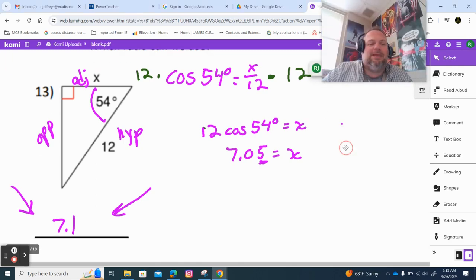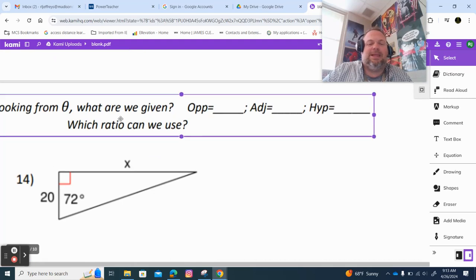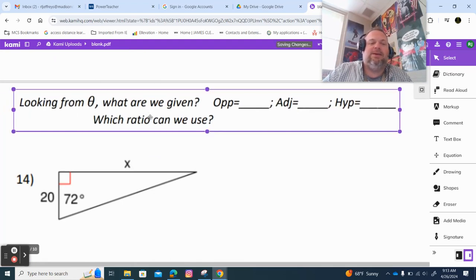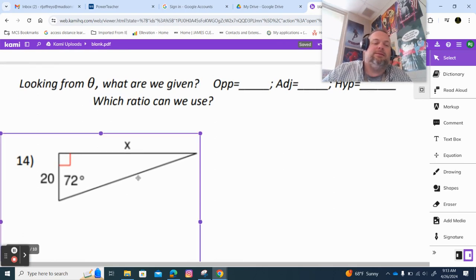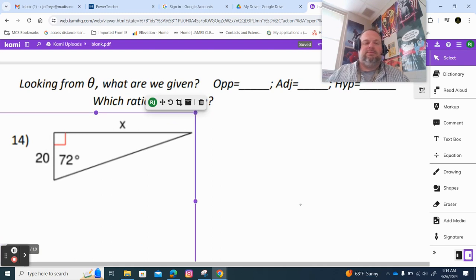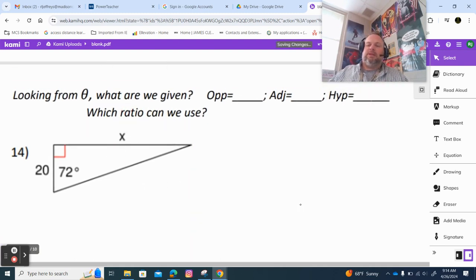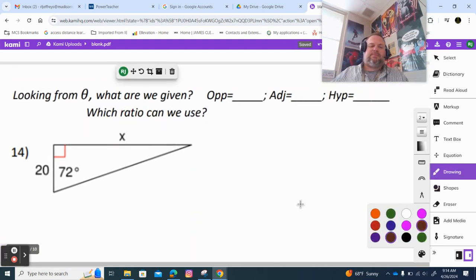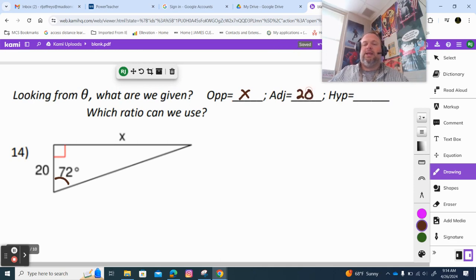All right. Number 14. I know y'all don't have this, but this is actually what you should be saying in your head when you're talking to yourself. So here's my angle. The opposite side is x. The adjacent side is 20.